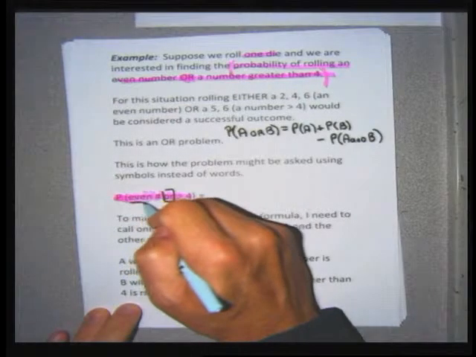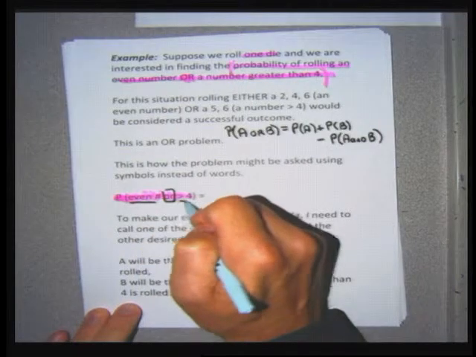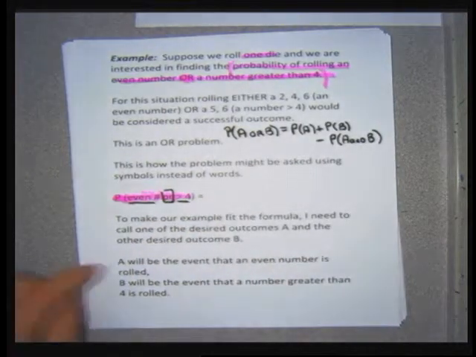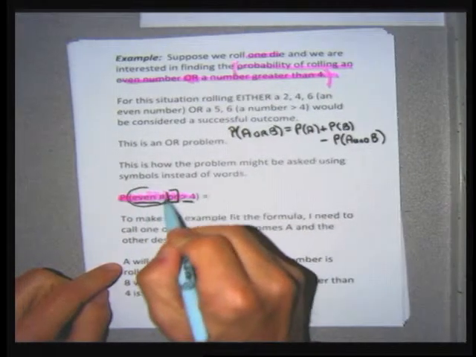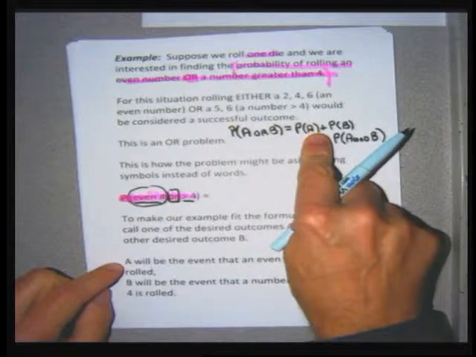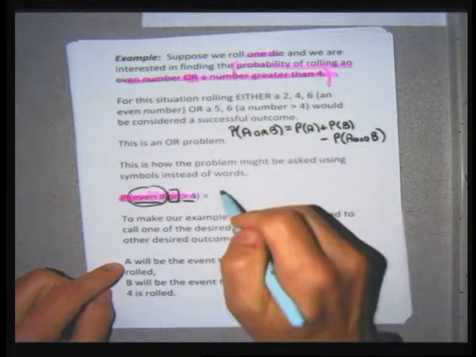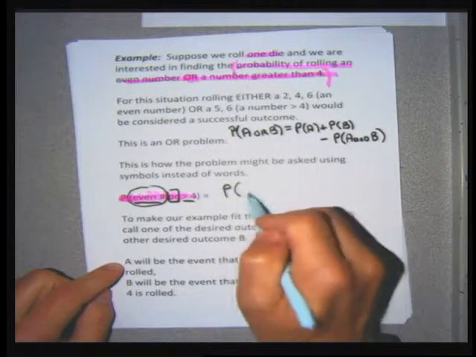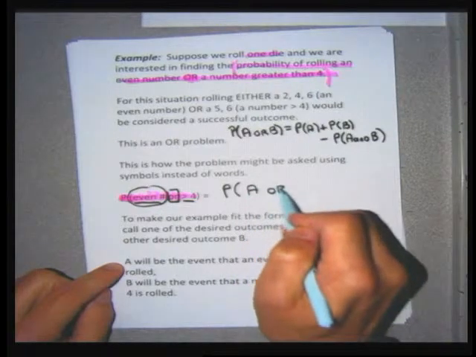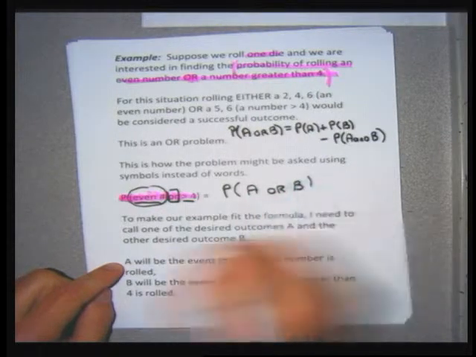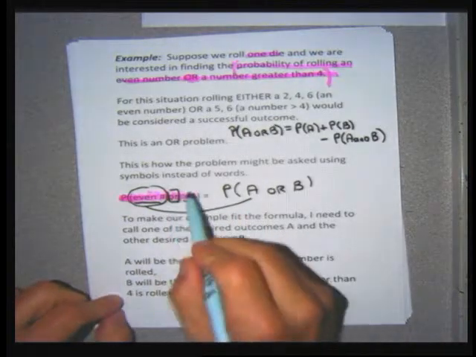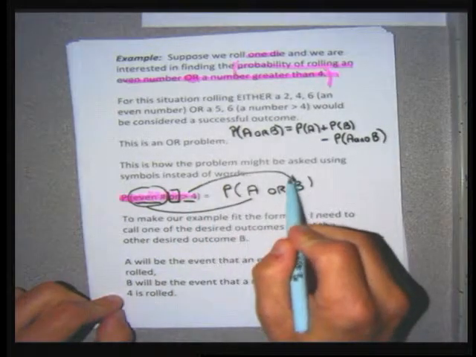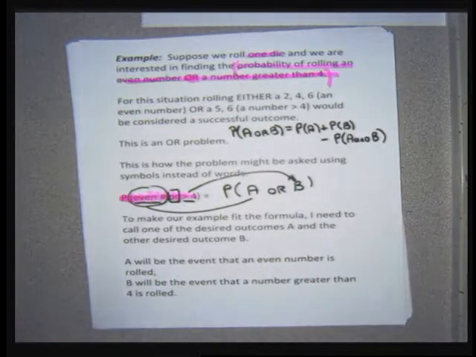So I'm going to get an A and a B part by making A the probability that an even number is rolled, and B is going to be the probability, or the event, I guess, that a number greater than 4 is rolled.